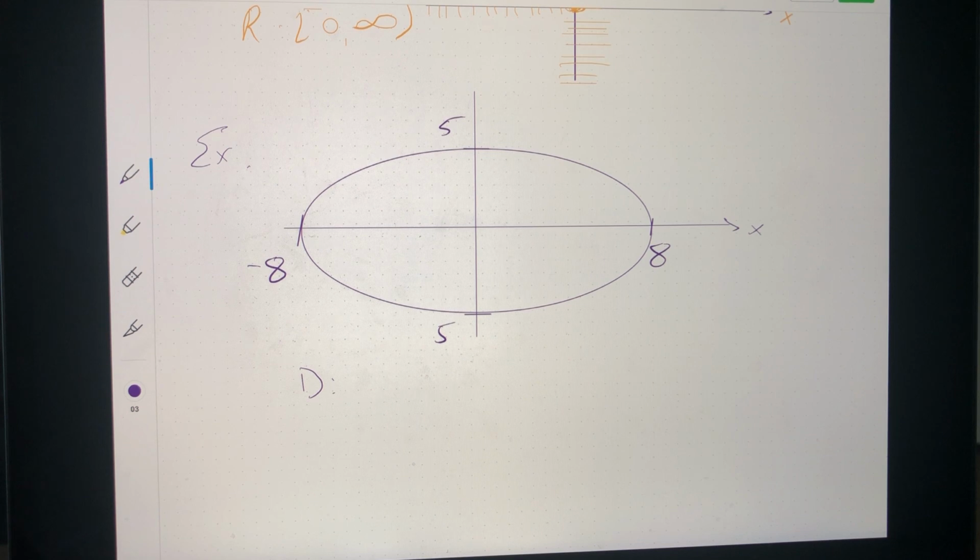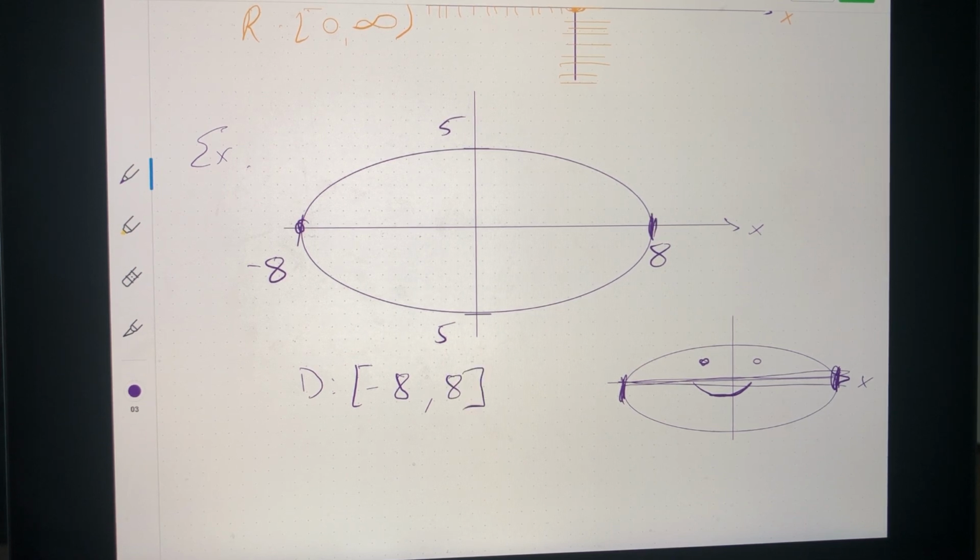If we were looking at it as if it was a face, the domain is how wide is the face? Where does it start? Where does it end on the x-axis? So it starts with a bracket, negative 8, and then it ends with a bracket with a positive 8.